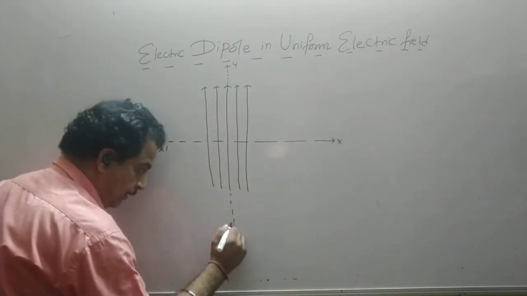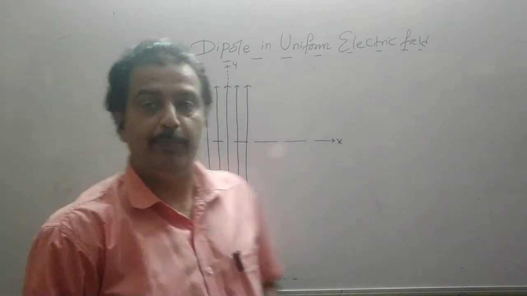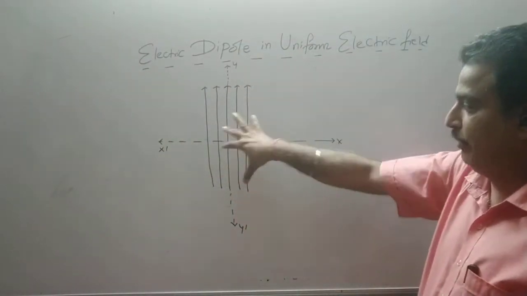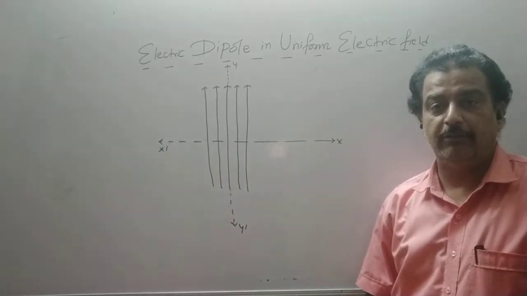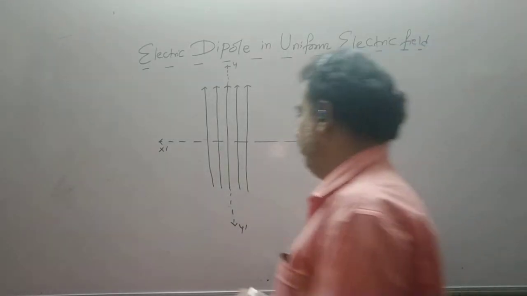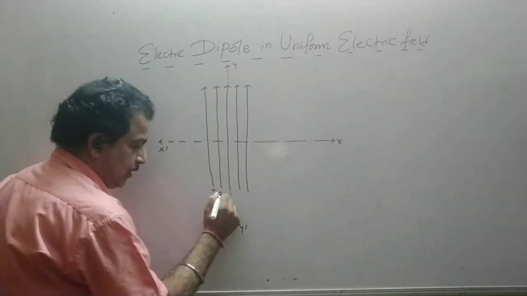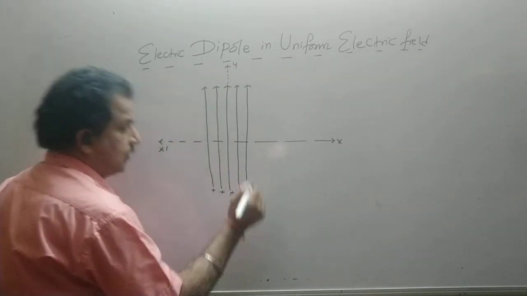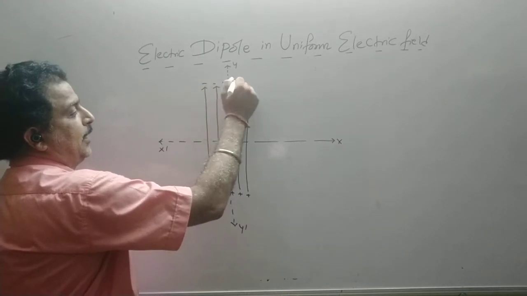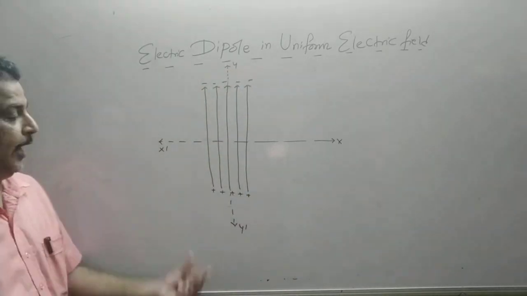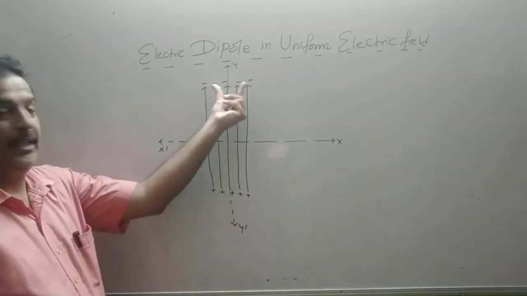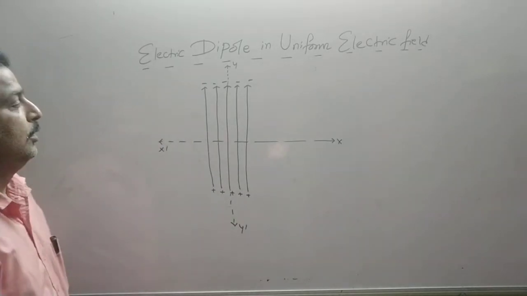A dipole will be placed in this uniform electric field and we will see what should be its behavior. Now this can be taken as a positive charge and this can be taken as a negative charge. Field lines emerge from the positive charge and terminate at the negative charge.